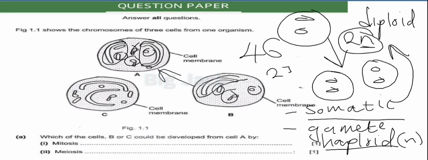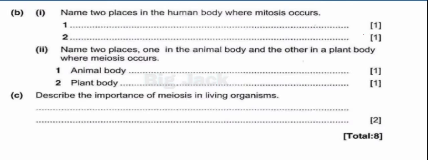The next question, which is B, Roman number 1. Name two places in the human body where mitosis occurs. So I'm saying that mitosis occurs in somatic cells. Now they are asking us the places. So we are just going to say the first one is going to be the liver.